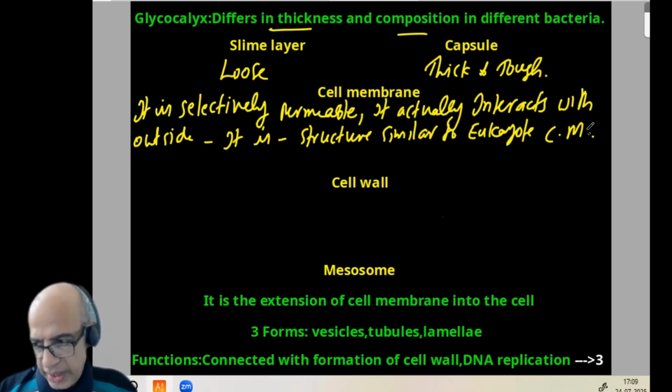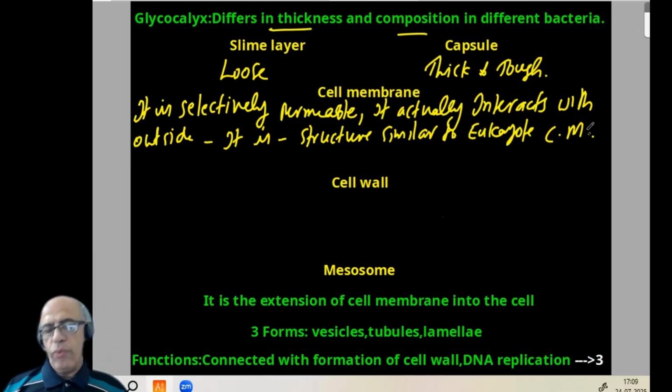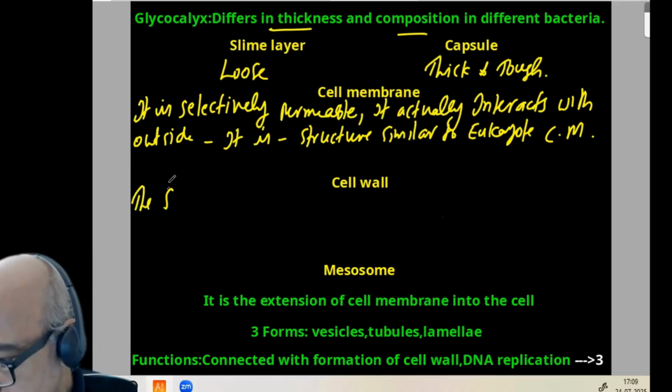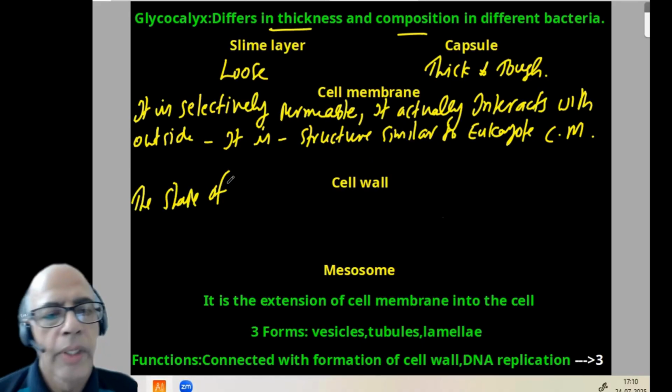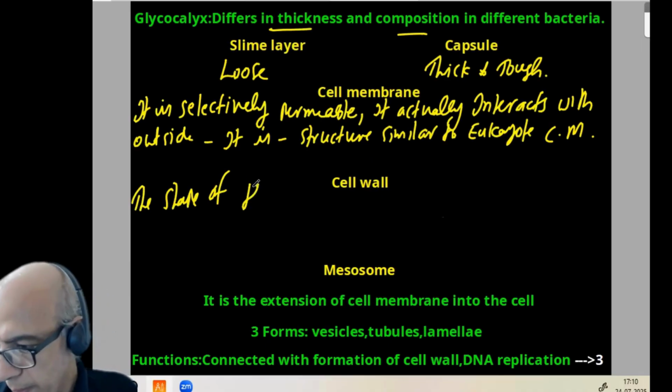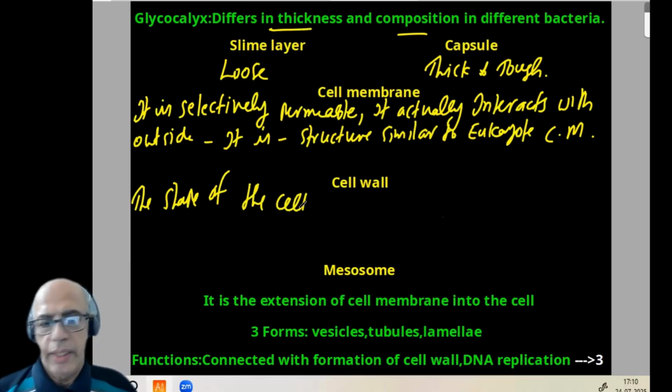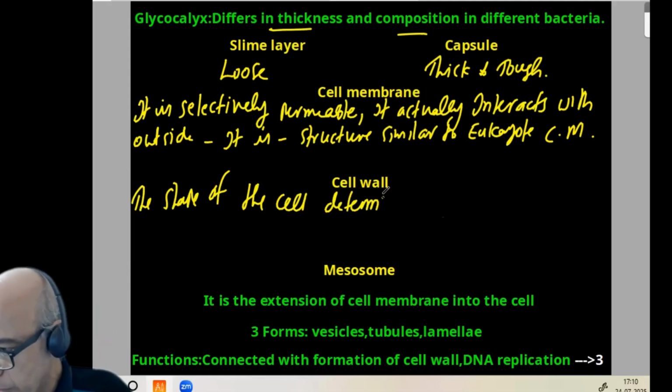Now, outside the cell membrane we can find the cell wall, that is below the glycocalyx. Determination of the shape of the cell is one function of the cell wall.